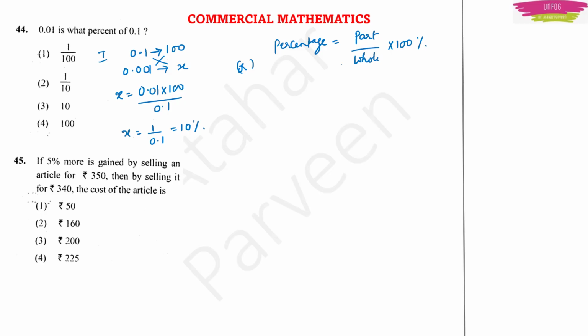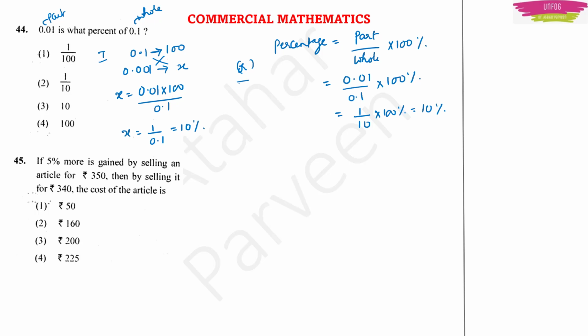Now, what is the part as per our question? As per our question, this is the part, right? 0.01 is what percent of 0.1 they are telling. So this is the whole as per our question. So part is 0.01 by 0.1 into 100%. So this will give us 1 by 10 into 100%, or 10%.